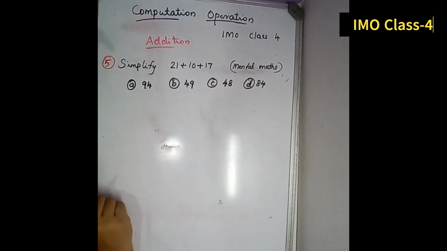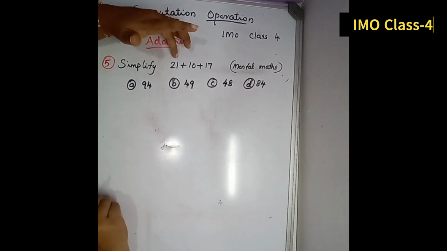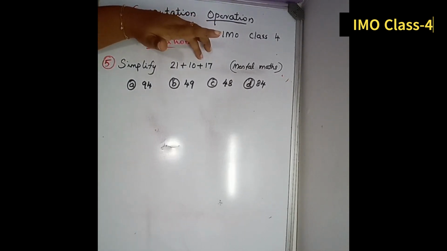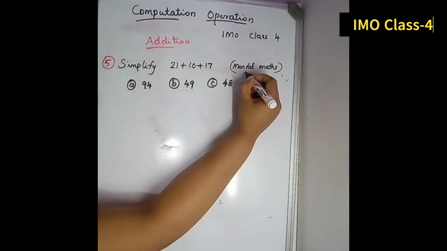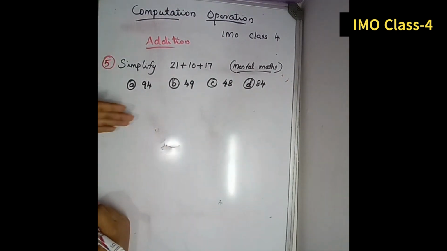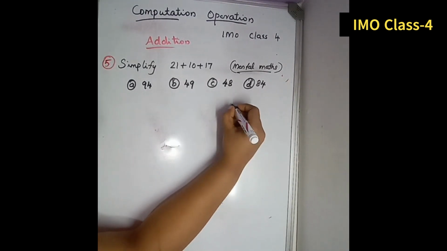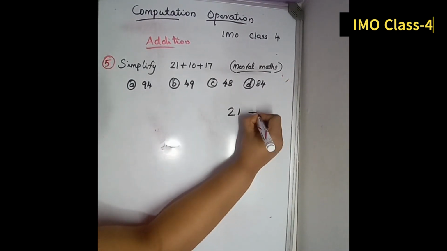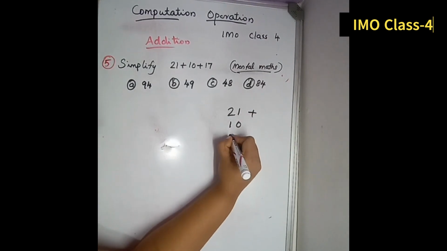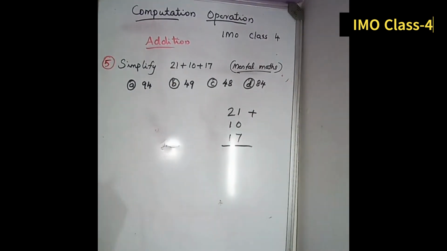The fifth question is: simplify 21 plus 10 plus 17. Okay, this is a mental maths question. Here we have 4 options. Now we have to solve this question, right? 21 plus 10 plus 17.